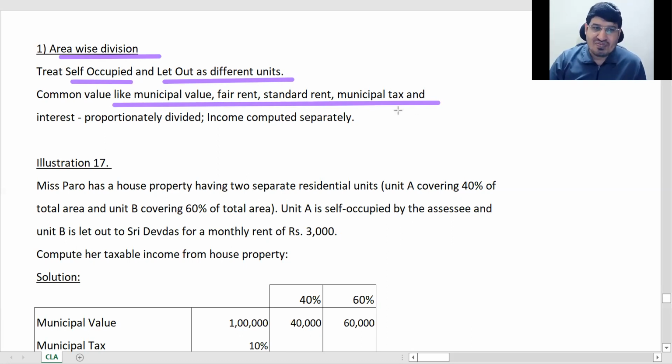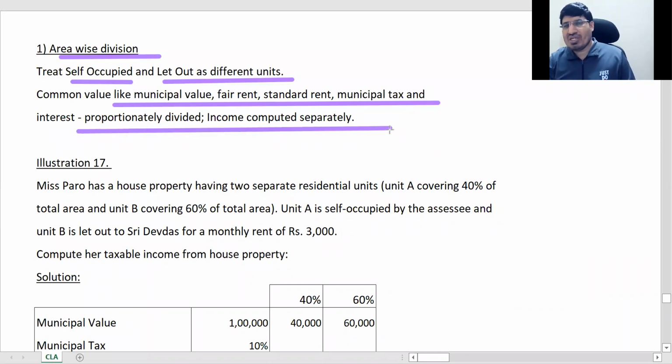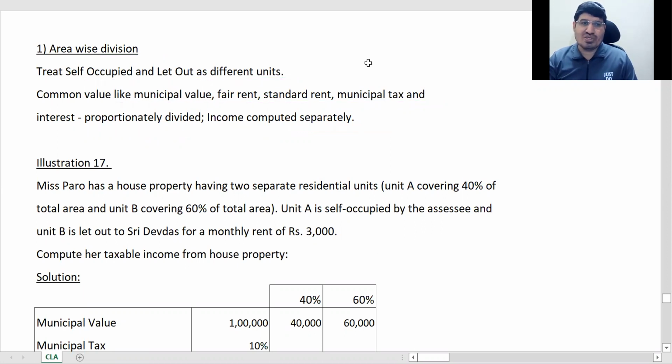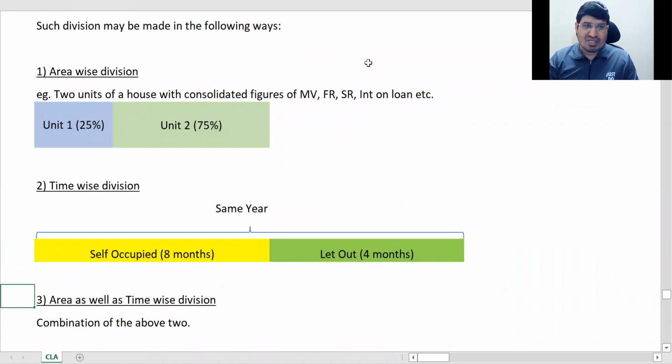So all these things will be proportionally divided. Use the floor space ratio, like 25%, 75%, and divide it. Again I'll show you this, which we had seen here, correct? This one. In this one, what we will do? Okay. Now these two are unit 1 and unit 2. So I'm just cutting it off here.